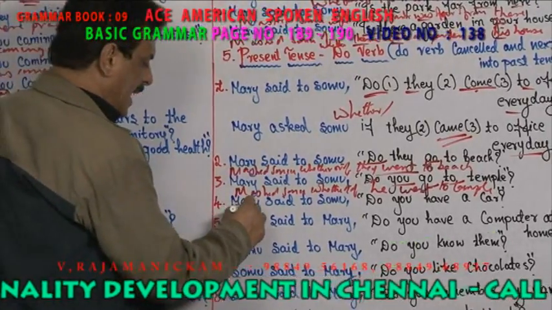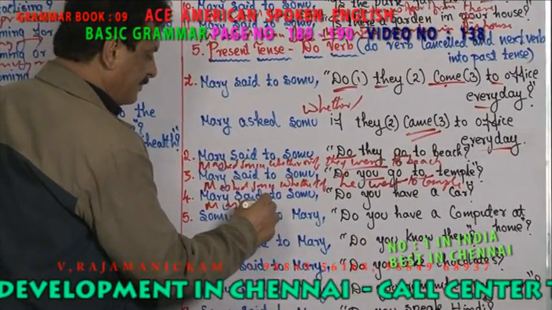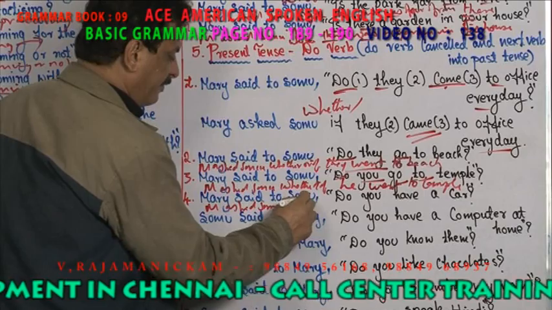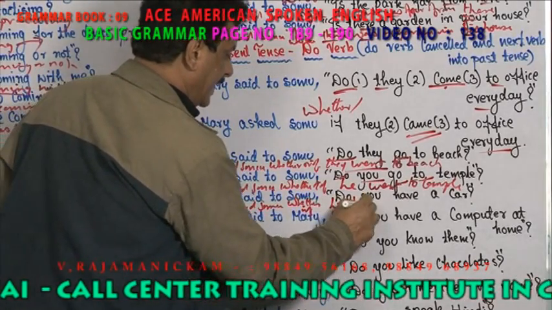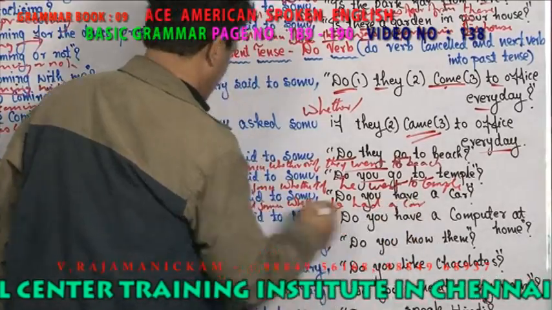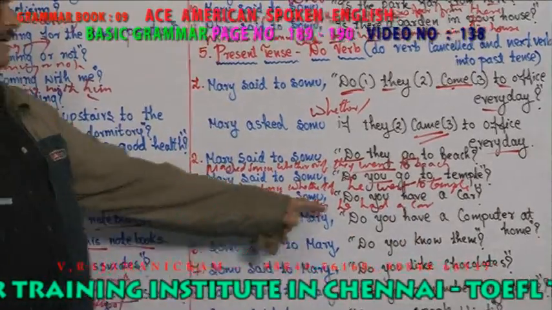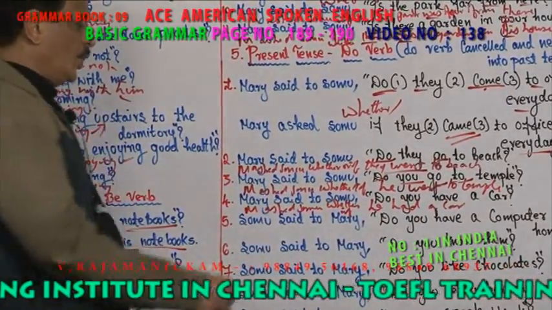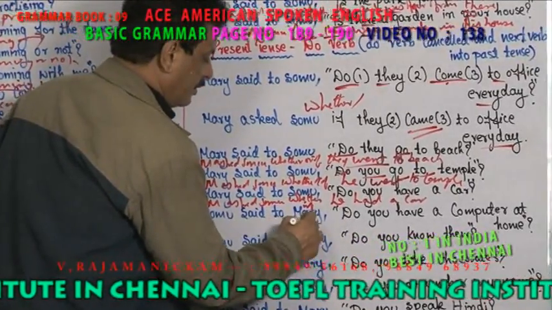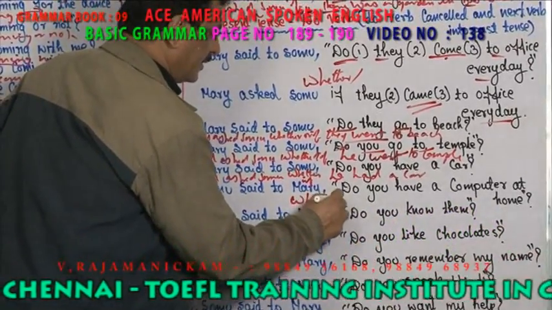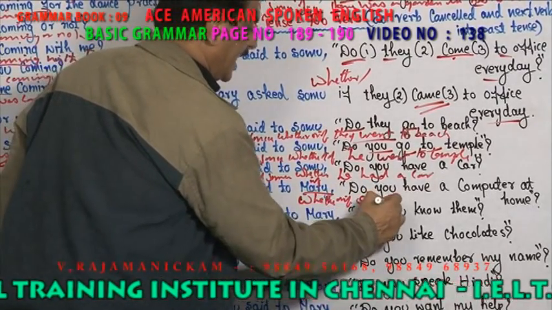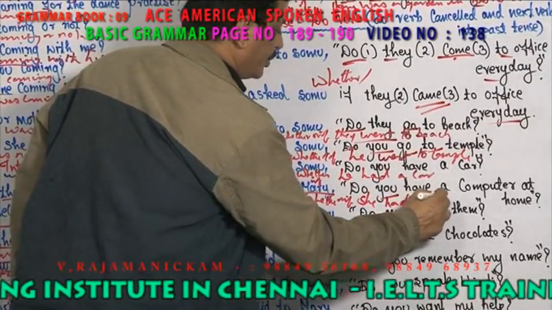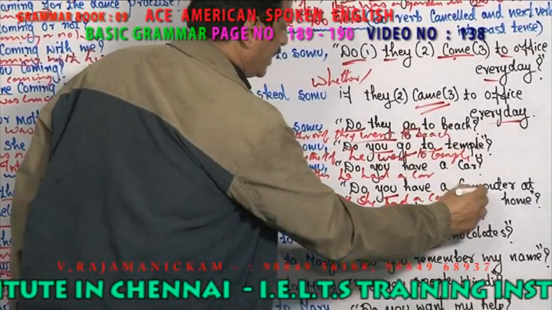Mary asked Somu, yes, whether or if he had a car. Next, Somu said to Mary, do you have a computer at home? How does it change? Whether or if she had, Mary, so she had a computer. She had a computer at home.